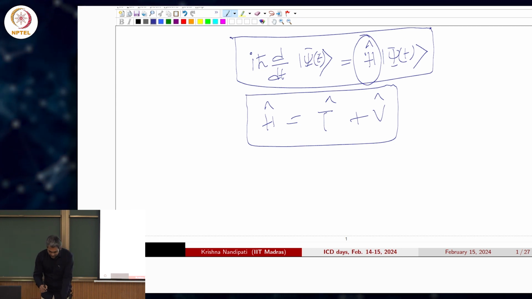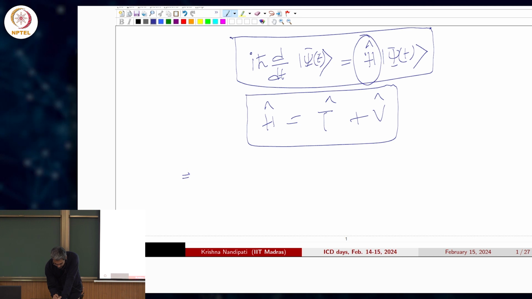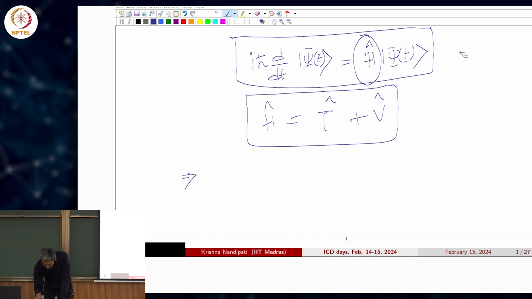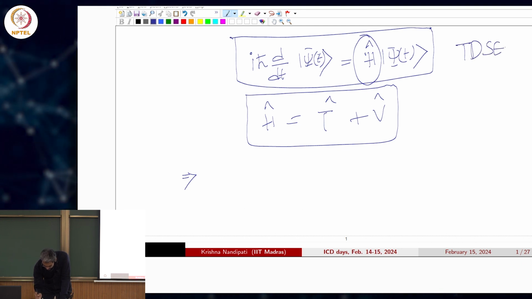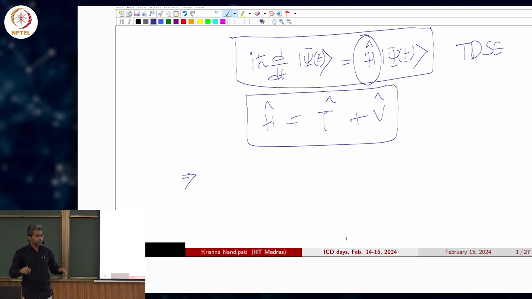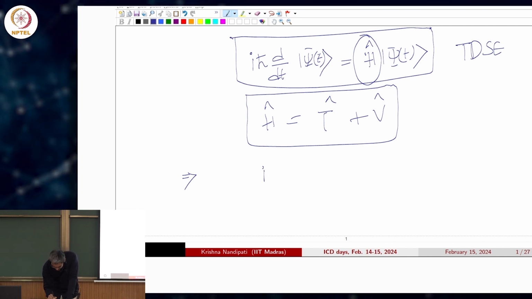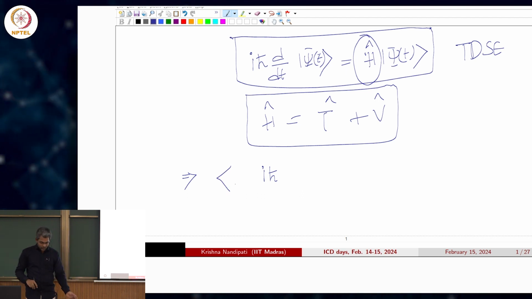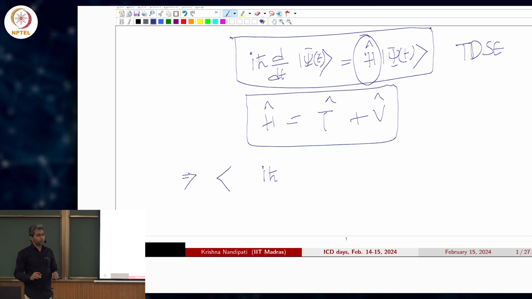But before doing so, let's try to represent this time-dependent Schrodinger equation. Let's dress this with our familiar representation, the coordinate representation. Our interest is molecular systems.